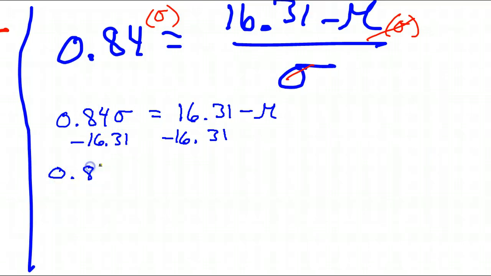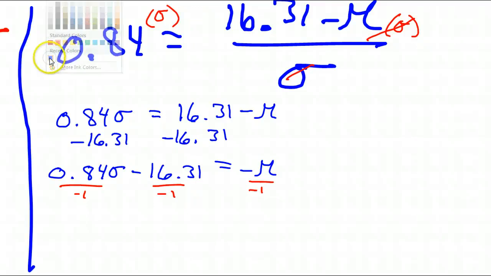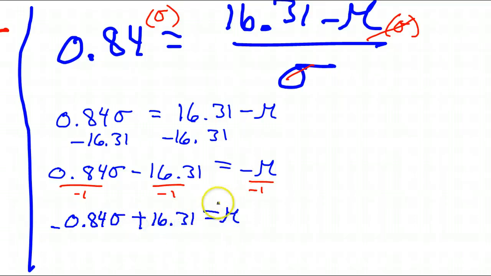So 0.84 standard deviations minus 16.31 is equal to negative mean. Once again, I am going to divide everything by negative 1, because I need this to be a positive mean, just a plain old mean. So that's going to give me negative 0.84 standard deviation plus 16.31 is equal to the mean.